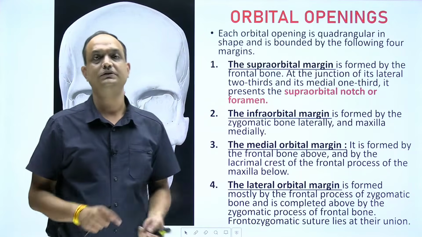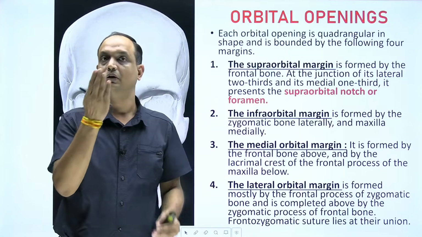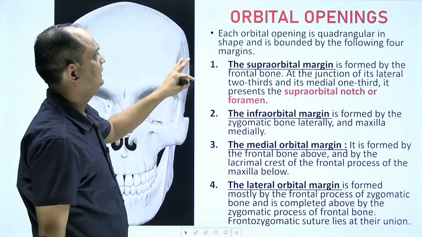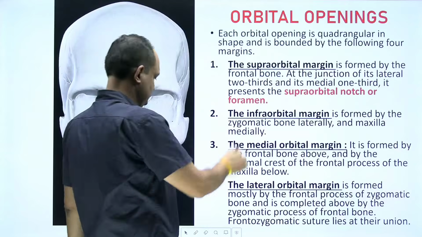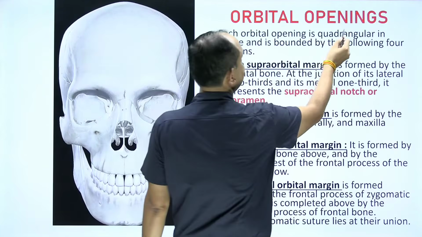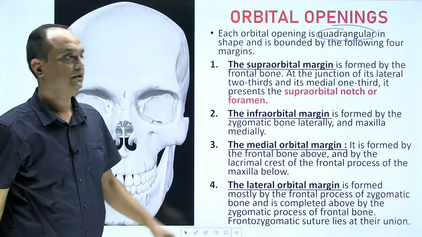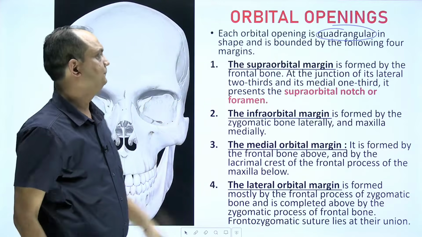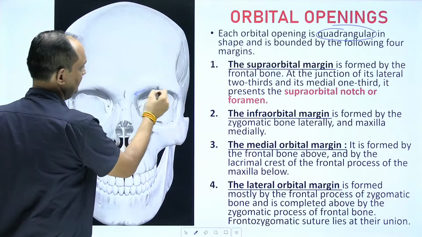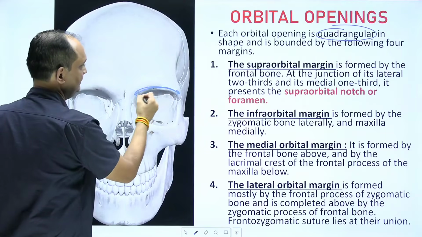Then what are the features of the orbital region in the Norma Frontalis? When you will see the orbital openings, they are almost quadrangular, and you will find that they are bounded by four boundaries. So because they are quadrangular, you have supraorbital margin. Supra means above. So above the orbit, supraorbital margin.